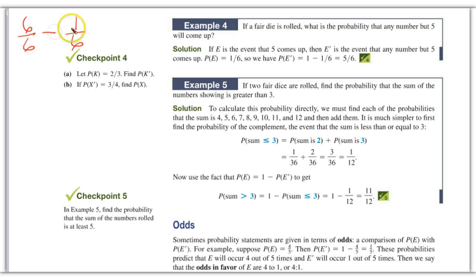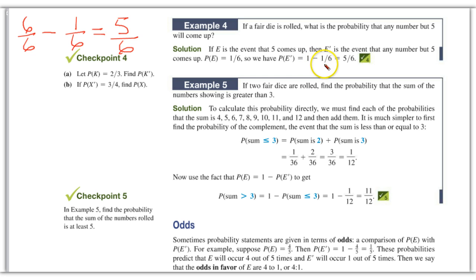And if we subtract not 5, which is 1 out of 6, well, 6 out of 6 is the whole, and 1 out of 6 would be the 5. We're left with 5 out of 6. Didn't explain that too well, but hopefully you're catching on, and we see it here.